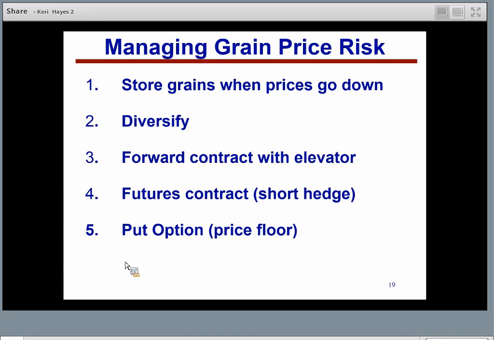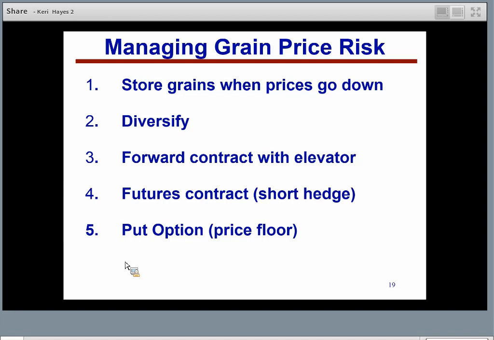Meaning, if the price falls, you're going to sell your wheat for less, but you're going to have a futures contract that's going to be worth more. Or in the other case, wheat prices go up, you sell your wheat for more money now, but then you have a contract that's worth less. So you have a contract that's going to offset your gains or losses. So in that way, it's not really betting. It's a risk management tool that you can use.